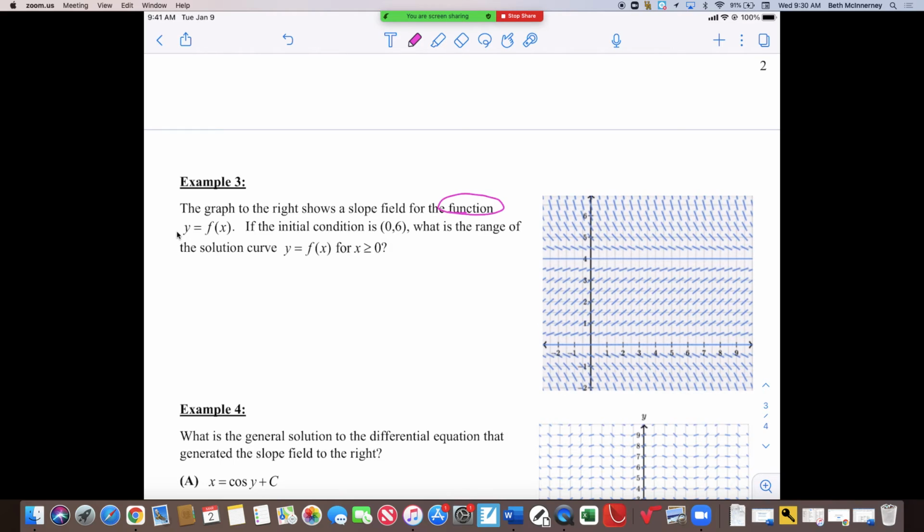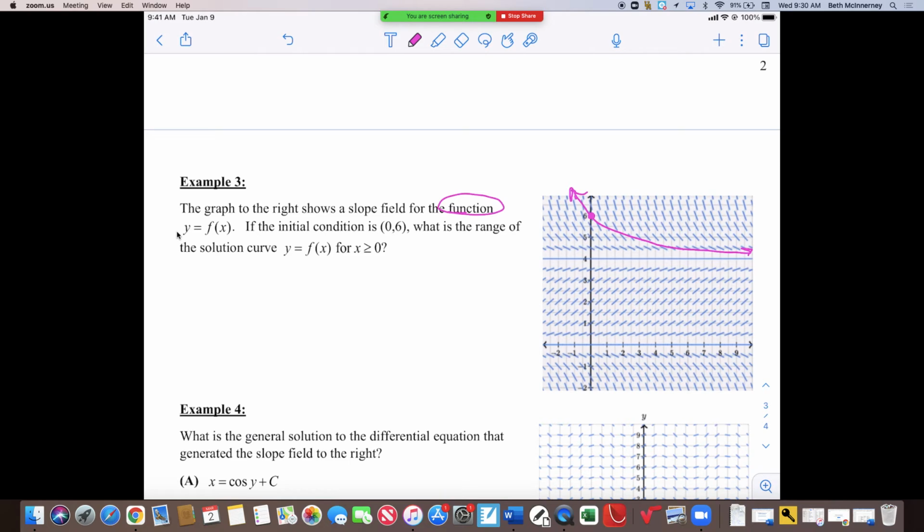So we can only draw one possible solution here. So if I have 0, 6, because it's a function, I can't draw the piece underneath. Does that make sense? That's why I can't have another piece there.